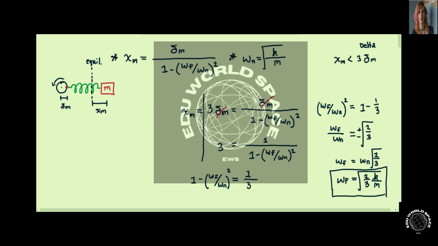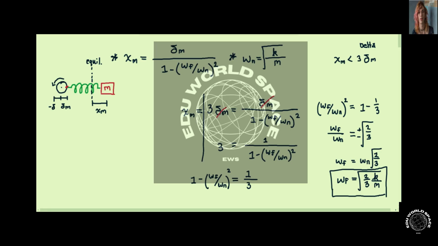How would we find the other one? Well, let's look at the xm. xm would be 3 times delta m, the static deflection, but we're only focusing on the positive side. Let's not ignore the negative side, because the motor itself, as seen in the model, could actually rotate to the other side.